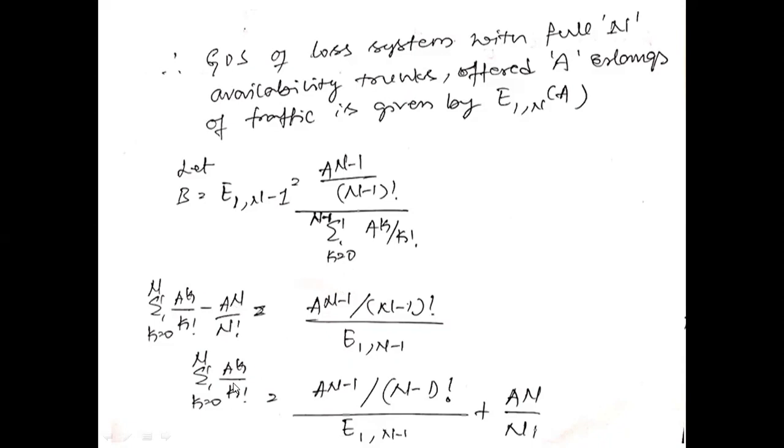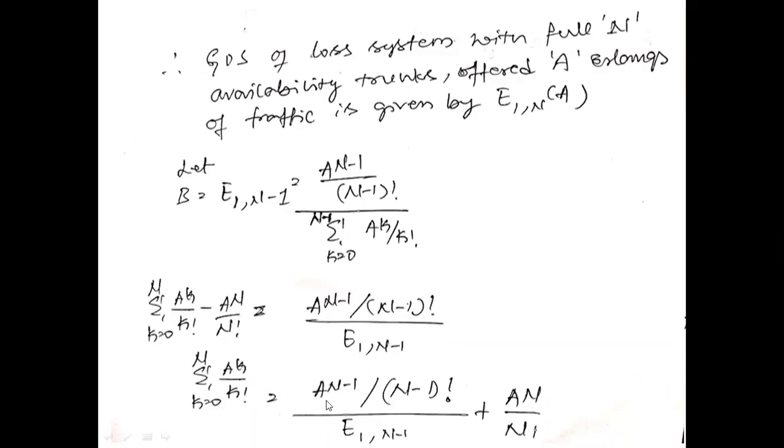Moving down the line, we're going to rearrange the equation, which results in the definition for the summation of a power k over k factorial, between the interval 0 to n, in terms of only n and a, and also the grade of service of n minus 1 trunks. Here, as you can see, E1 comma n minus 1 is in the denominator of the first term, which represents the grade of service of the n minus 1 trunk.